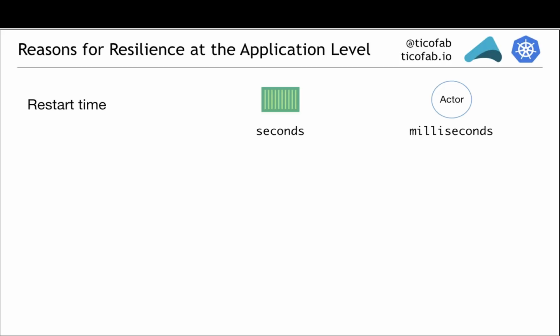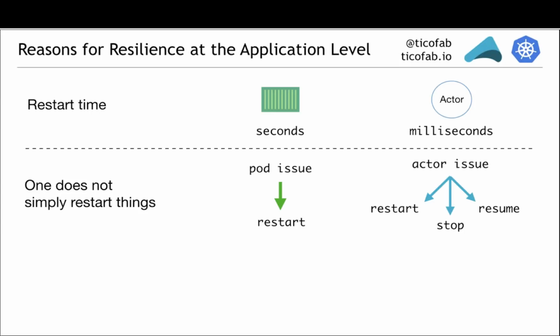And so that's one. But another one is that because Kubernetes doesn't know what runs inside your containers, the only thing that it can do in case of failure is mercilessly kill that pod and restart it. And this can lead to the dreaded crash loop.